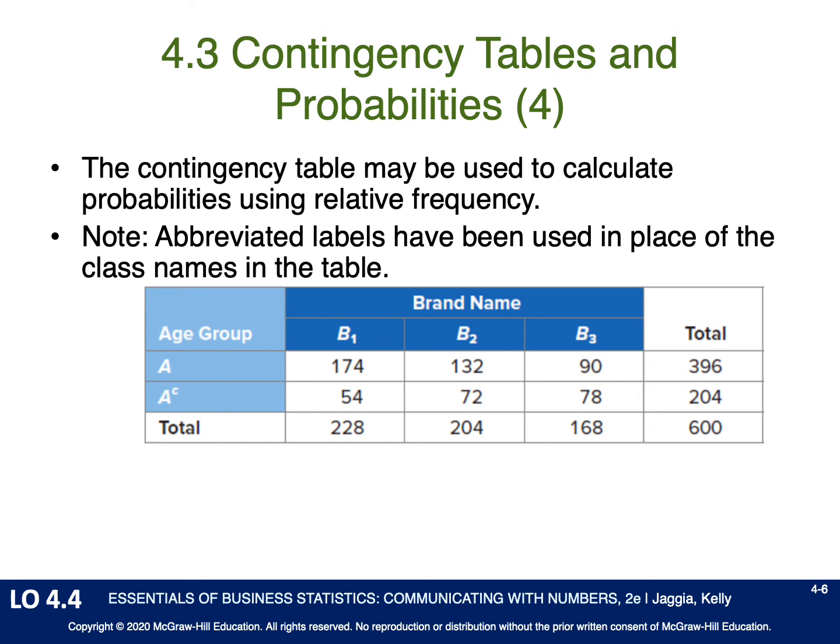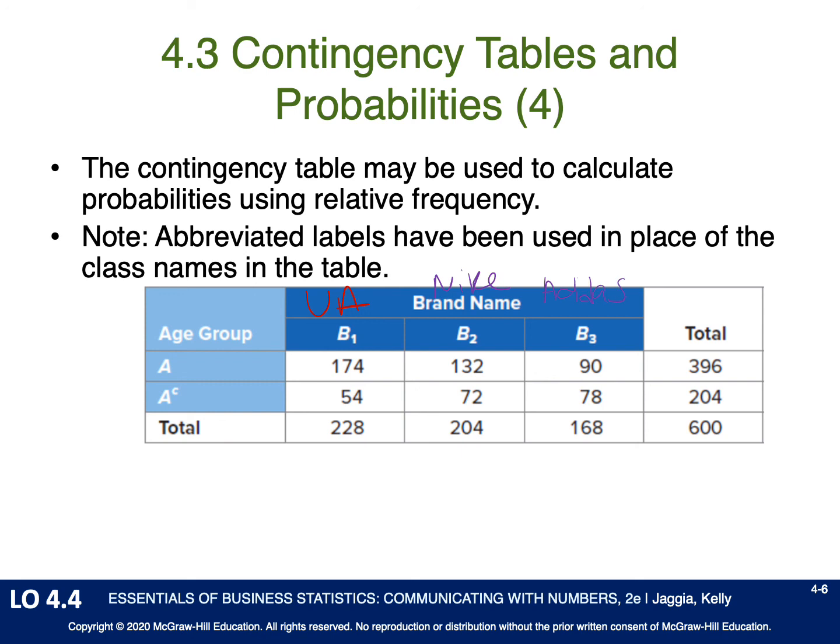Now, I want to point out that a lot of times we're going to use variables in place of those labels that we had. It makes it a little easier when we're writing our formulas, especially when we're in a statistical program and we're trying to code this in. So just for reminder's sake, remember B1 is Under Armour, B2 was Nike, and B3 was Adidas.